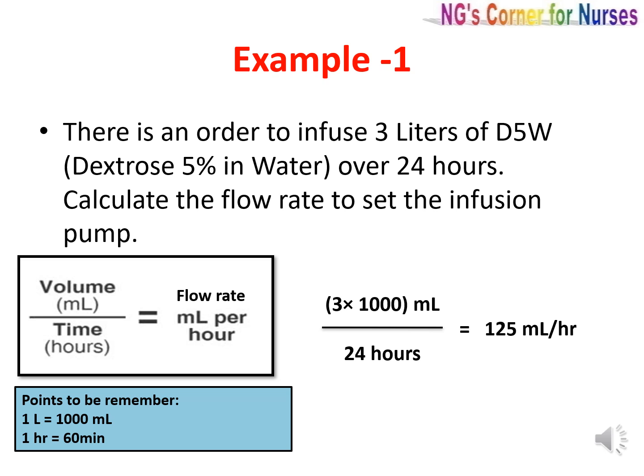Here the total volume is 3 liters and the time is 24 hours. We want the volume in milliliters and we know 1 liter equals 1000 ml. So we are multiplying 3 with 1000 to convert it to milliliters and dividing by 24. So the flow rate is 125 ml per hour.